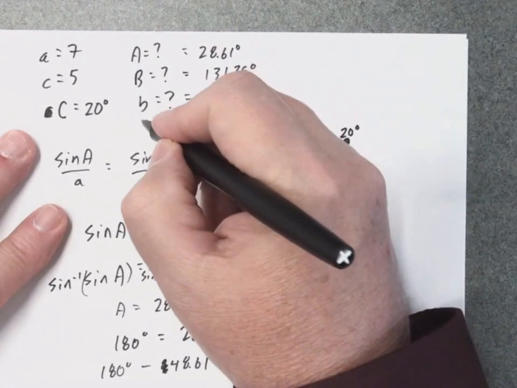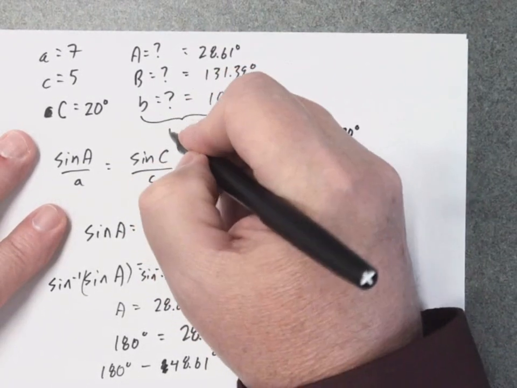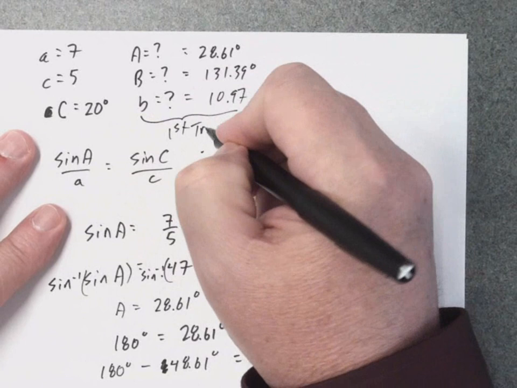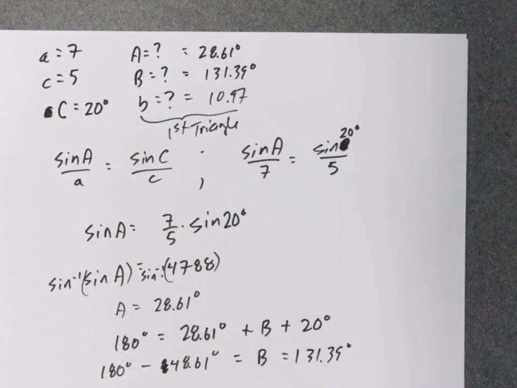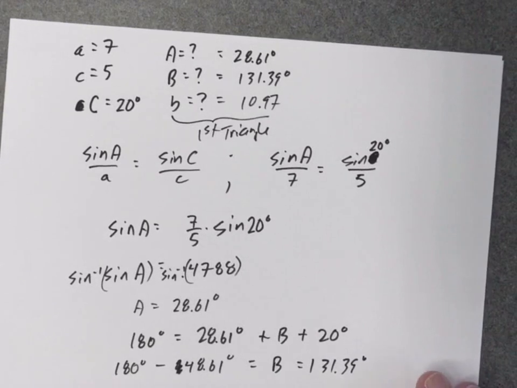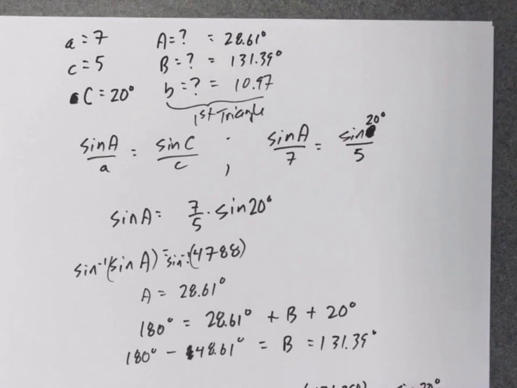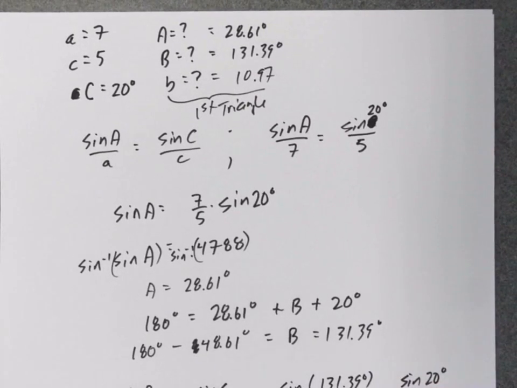So this is the first triangle. There may be a second triangle. And the only way we're going to know is to go through the steps to check. So once again, here are the steps to check.